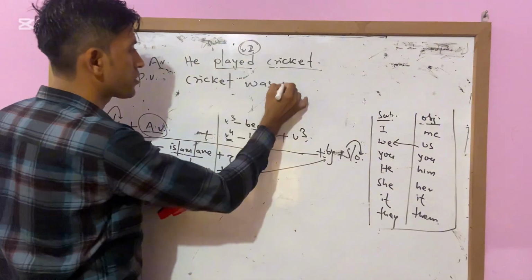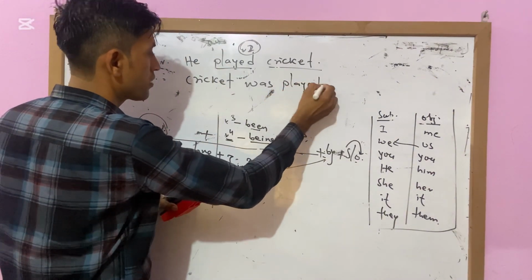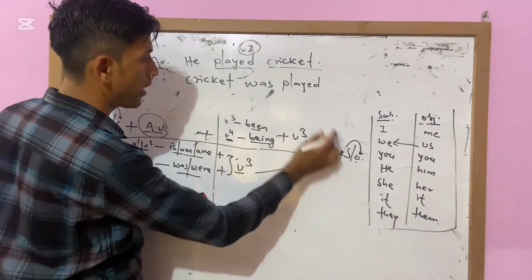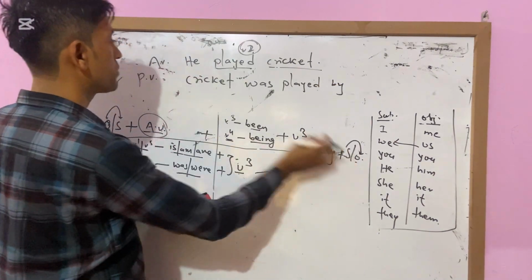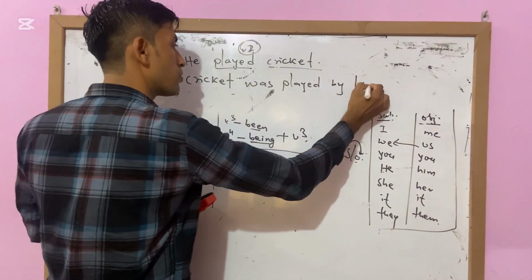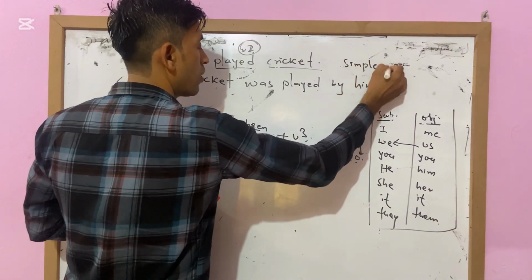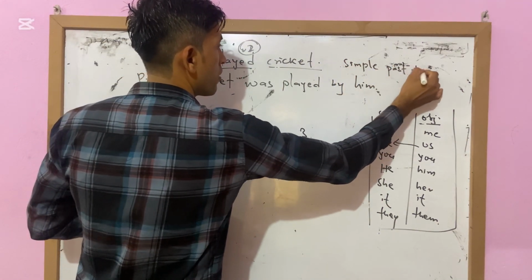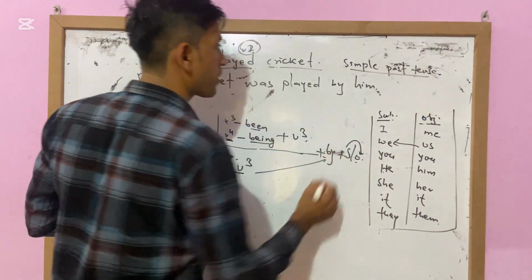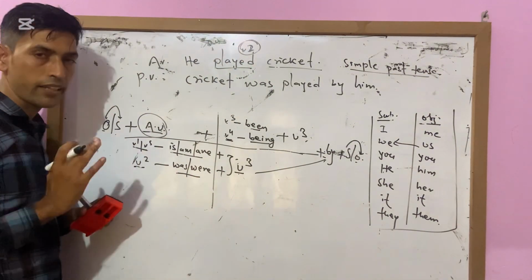Verb 3, played, same. Then we use played after by, then subject by object. When the subject is he, we change it into him. This one is a pattern of the simple past tense structure. Simple past tense we can change like this.